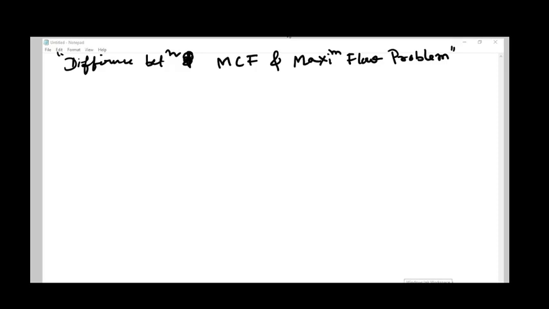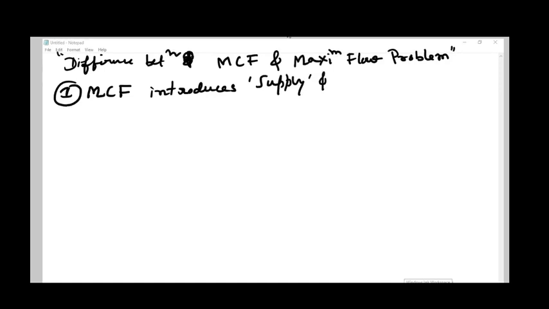First difference is that min cost flow introduces supply and demand at the nodes.